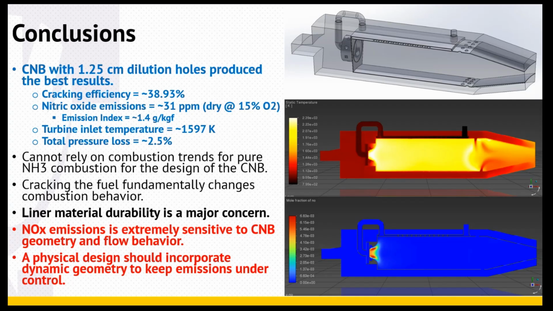And the biggest takeaway with this is that when you incorporate the cracking in this combustor, you have to rethink the design philosophy a little bit, because now you can't follow the trends of pure ammonia combustion to inform your design of this cracking burner. And the NOx emissions are extremely sensitive to the environment.